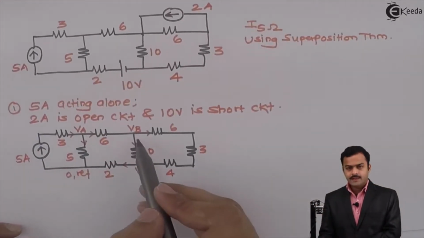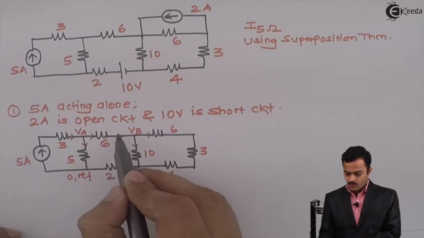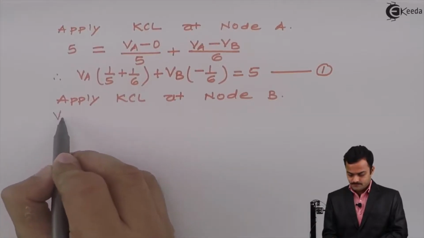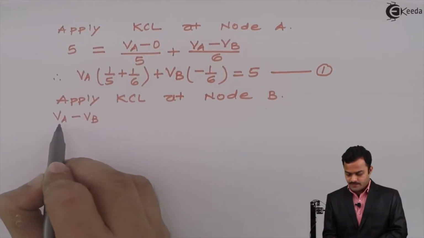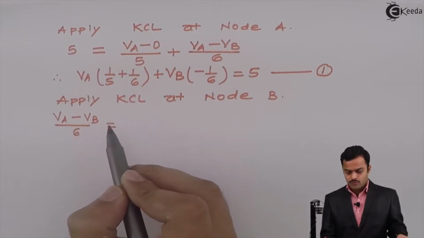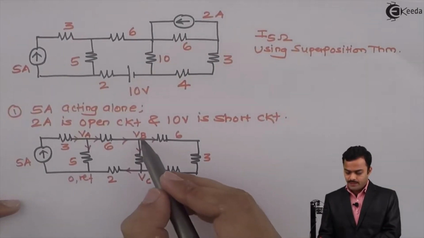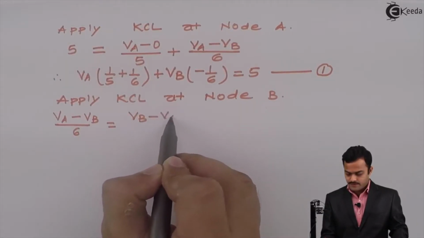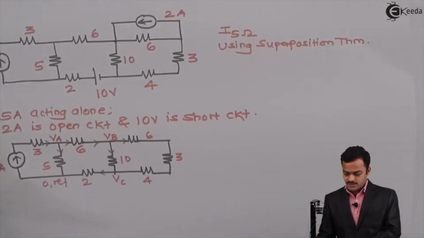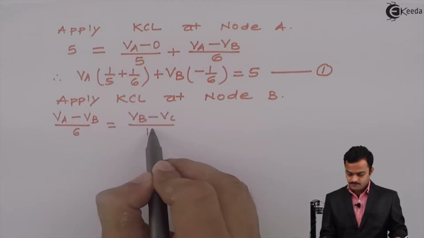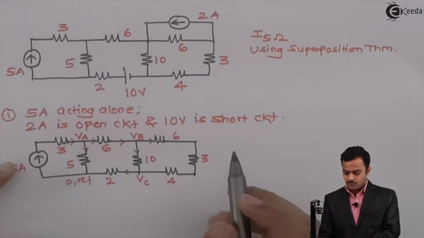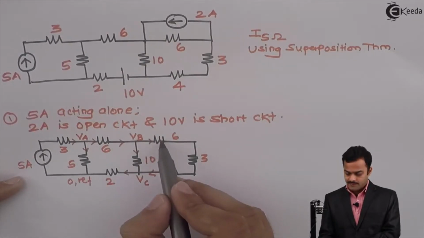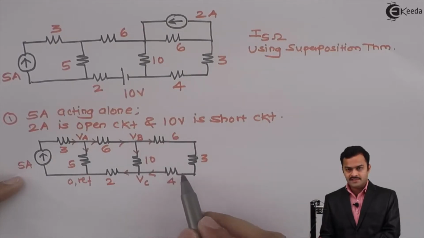Let's apply KCL to node B. At B, I have again 3 branches, 1 incoming and 2 outgoing. So the equation will be VA minus VB divided by 6, which is the incoming current, equals the 2 outgoing currents. One starts at B and ends on C: VB minus VC divided by 10 ohm, the resistance in that branch. Plus another outgoing current started at B and ending on C once again, but having resistances 6, 3, 4 in series.